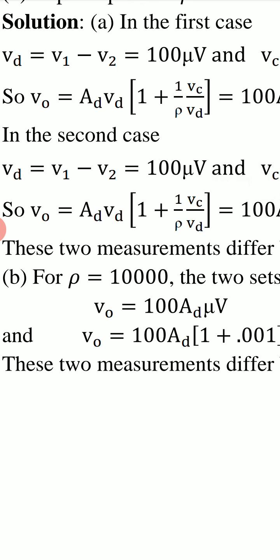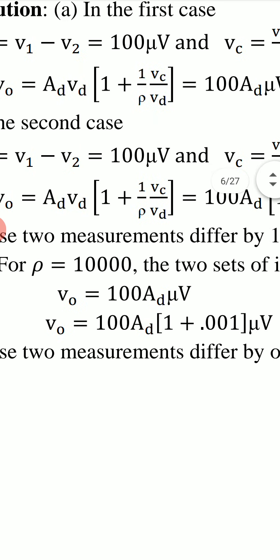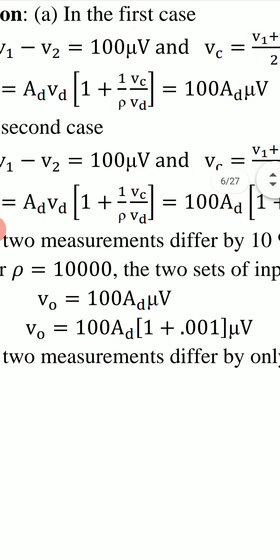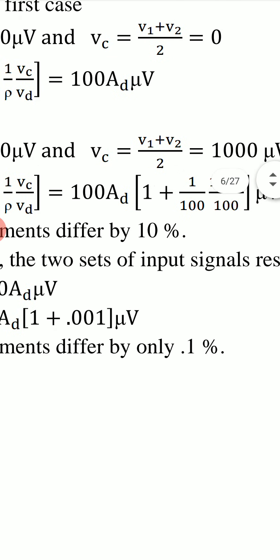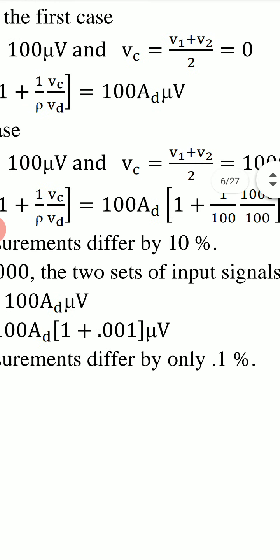In the next question, part B, if we have rho equal to 10,000, then in a similar manner we find the output voltage for the two cases. In the first case, the output voltage comes out to be 100 Ad microvolt, and in the second case, the output voltage comes out to be 100 Ad into 1 plus 0.001. Now for these two measurements, the difference is only 0.1%.